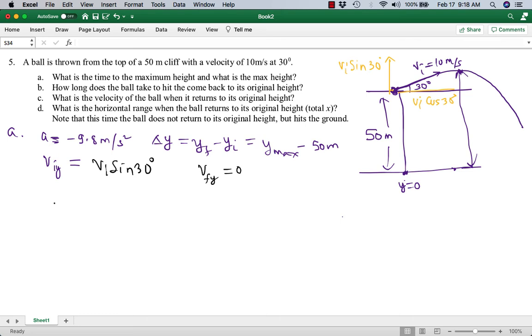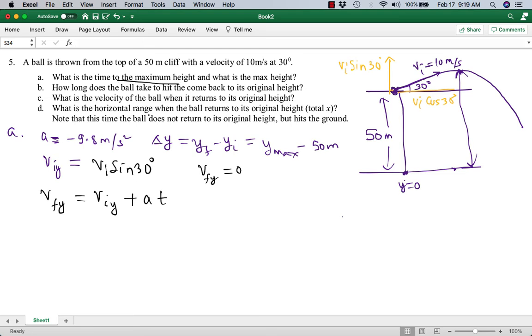So we have this formula, v final y is equal to v initial y plus at. Again, we don't have time, but we can find the time by using this formula.